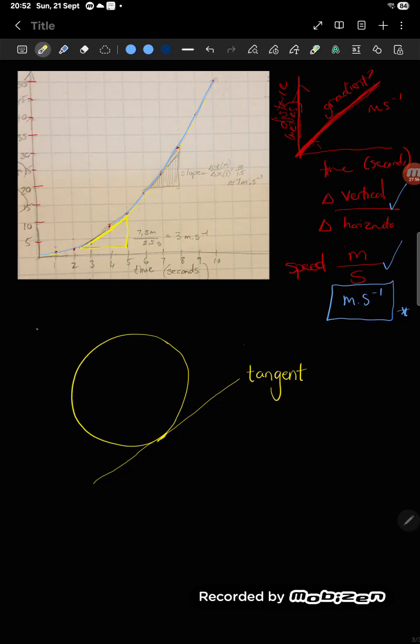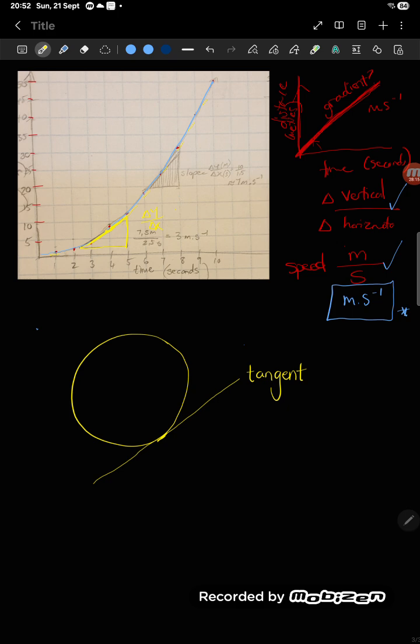You'll say the change in y over the change in x. In other words, the gradient, and we're going to try and find it at this little point. But we're going to take the change in y over the change in x over this little 2.5 second interval.